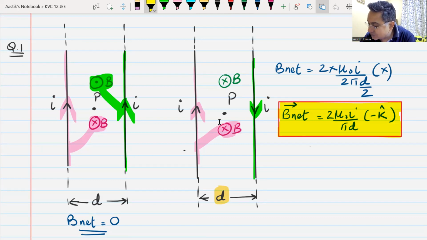In all the cases, the wire is coming from infinity and going to infinity. The point P is here. And all these distances are R, and R. You have to find out the magnetic field at point P. This is diagram number 1.